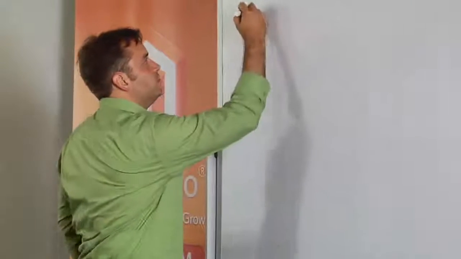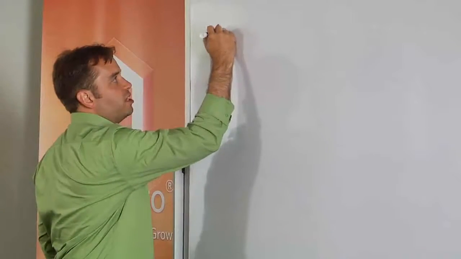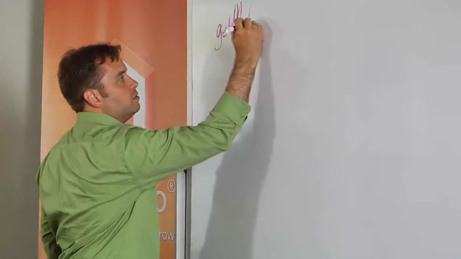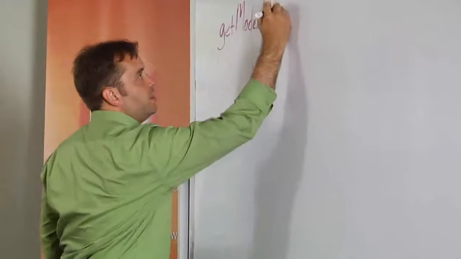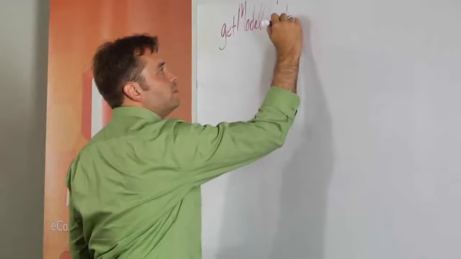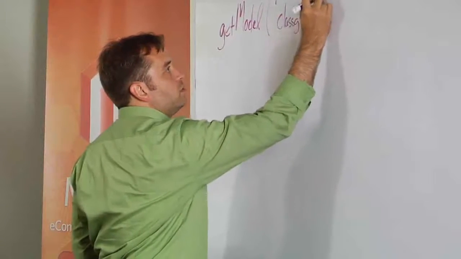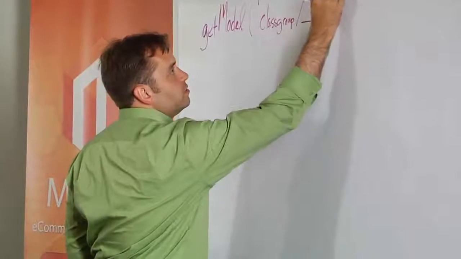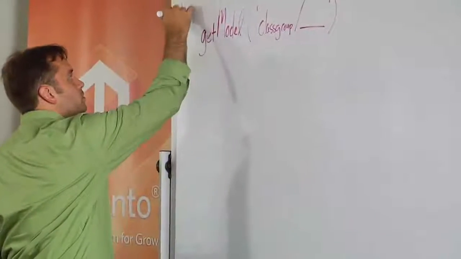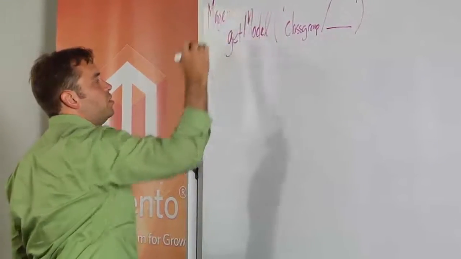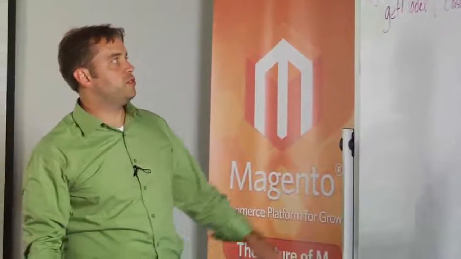This is not a complete list. So you can have Mage get model, and then class group. So these are all static method calls, which is why we use the double colon.